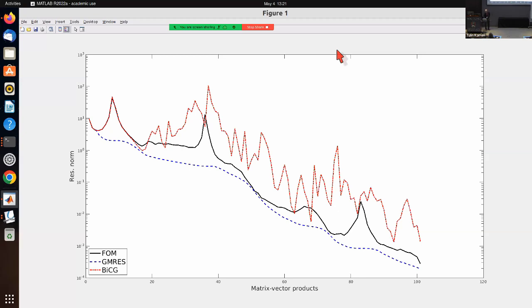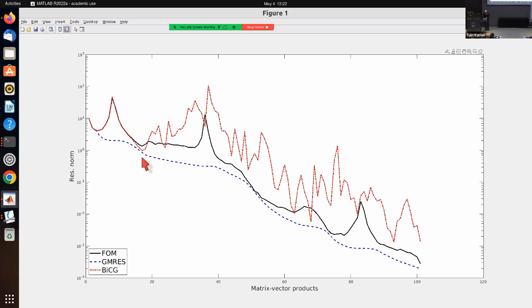So here is FOM, which is in black here. This is for a linear system obtained from, I didn't want to show you the script itself, a linear system which you obtain from a Laplacian, which you shift slightly to make it indefinite. And it's an advection diffusion problem. So you actually have advection terms that make it also not symmetric. It's not a very large problem.